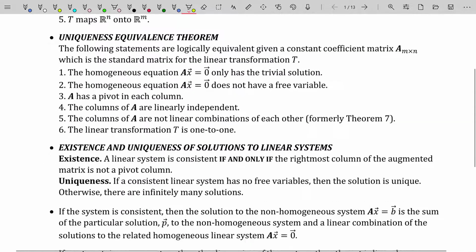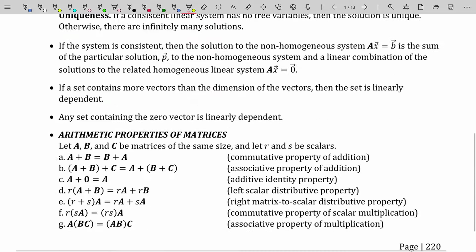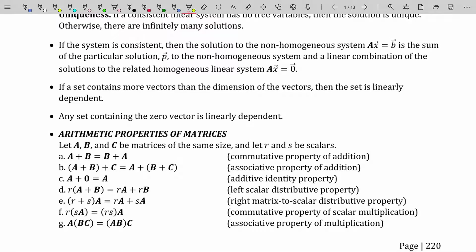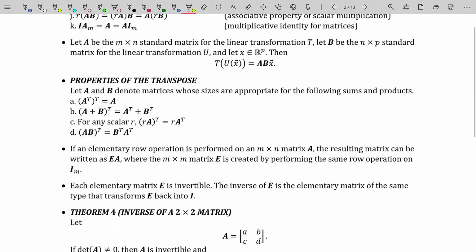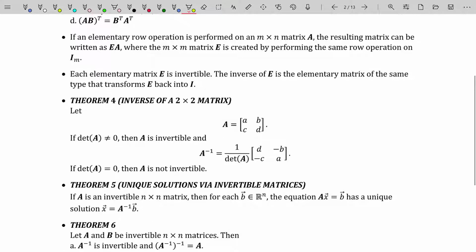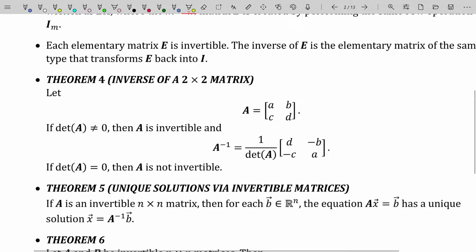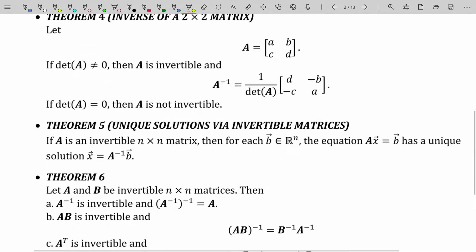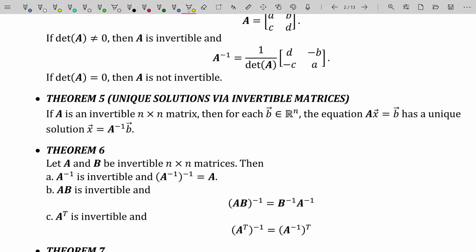And then you had a bunch of other theorems here, all these small little theorems that kind of creep into the background of linear algebra. And they continue forward as you look through here into our most recent theorems, which involve inverses of matrices and the uniqueness of solutions via invertible matrices.